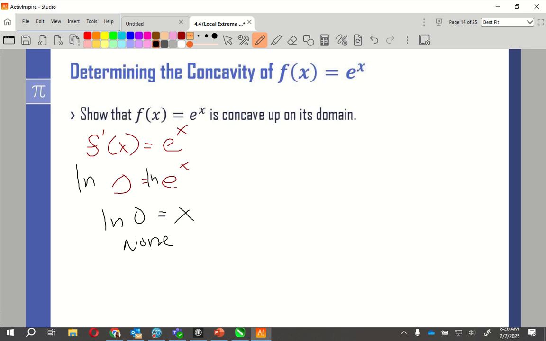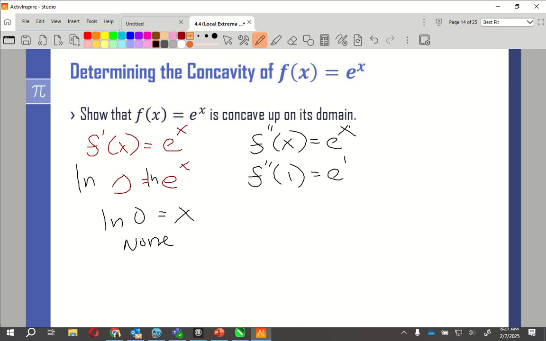So let's pick a number. Let's go with 1. Why not? The second derivative, f double prime of x, is e to the x. Using the second derivative test, f double prime of 1 is e to the 1.